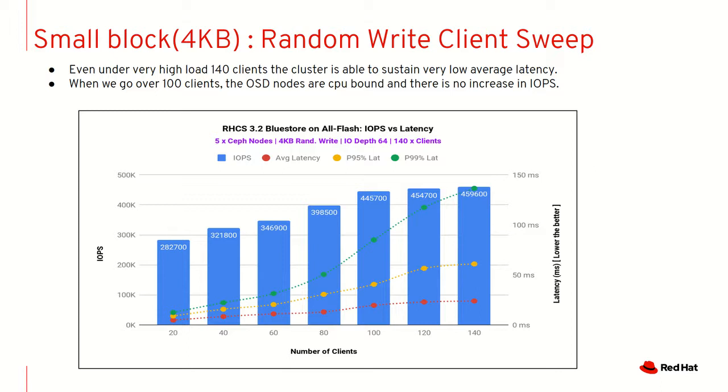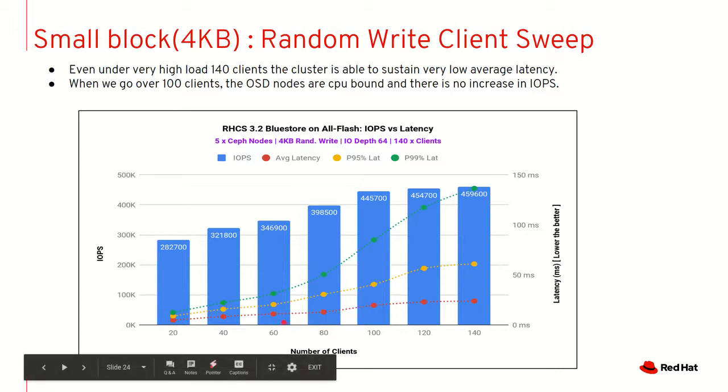One positive to take from this test is that under very high load with 140 clients, the cluster is able to sustain very low average latency. That is always good news.